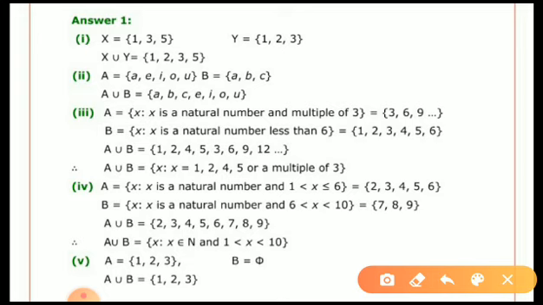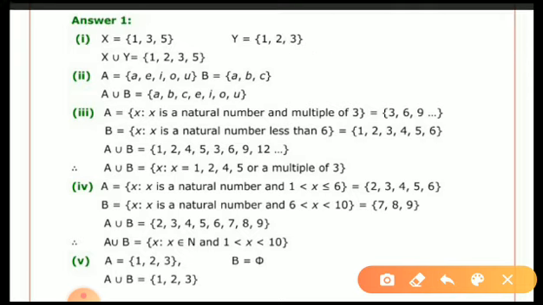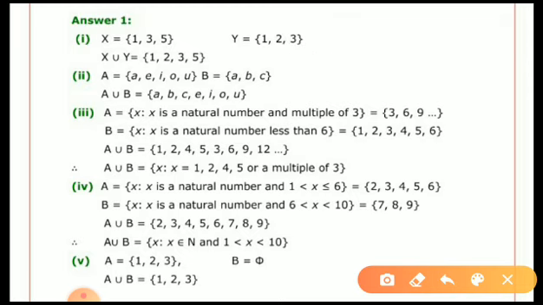So it will be 1, 2, 3, 4, 5 and then all multiples of 3. Or in set builder form, A union B is x such that x is 1, 2, 3, 4, 5 or a multiple of 3. Either you can write in set builder or in roster form, no problem.